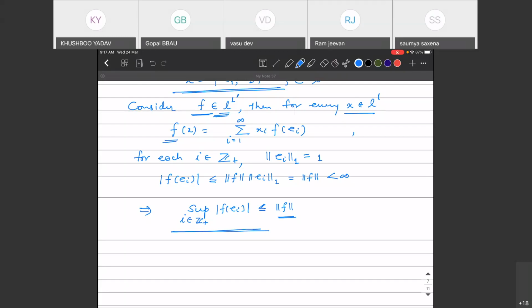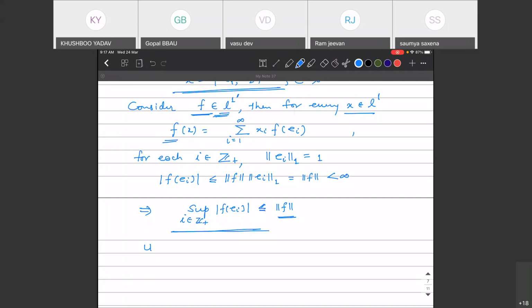Okay, so far we got this thing. Now if we take u, an element in L infinity, and L infinity means these are bounded sequences, not convergent sequences, what should I say, not summable sequences.